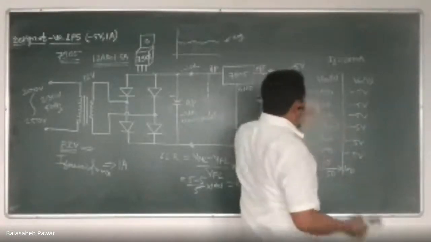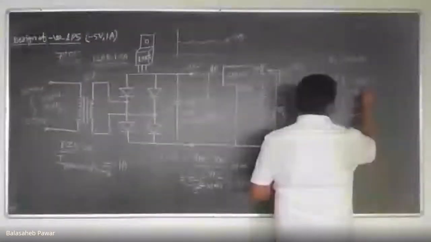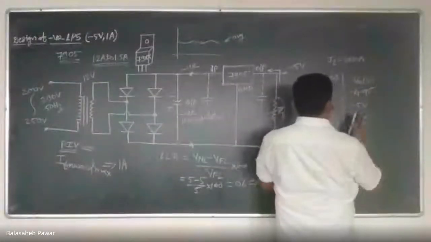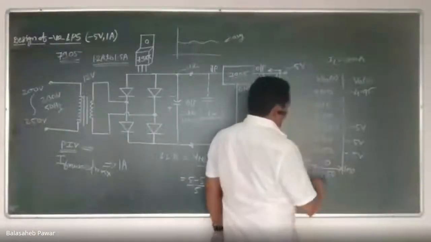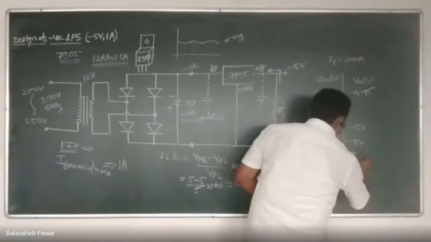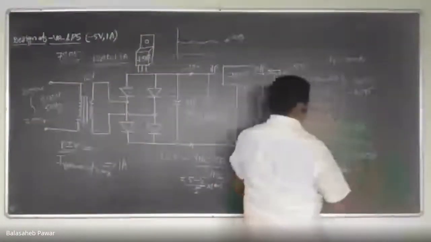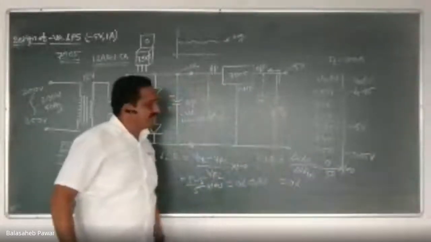But practically, again, what will happen? At 230, the output voltage is -5, and at 200, say, it is -4.95 volts. That middle reading we will remove, we consider only the boundary conditions, and at 250, if it becomes -5.05 volts. Are you getting it? What I have written?